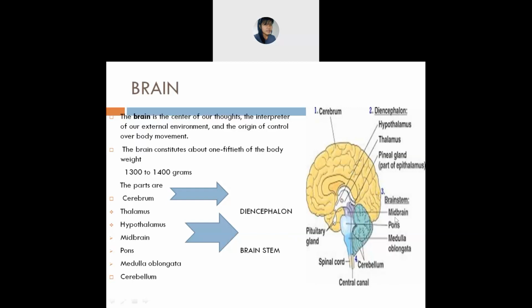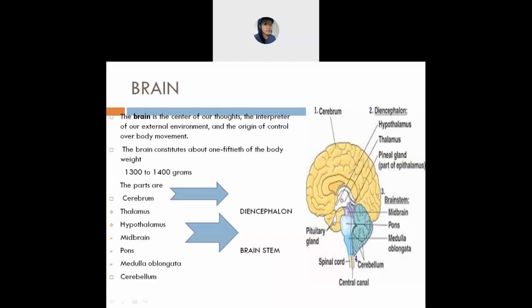The third part is the brainstem. Under the brainstem, you will find the midbrain, pons, and medulla oblongata. In the fourth part, you will find the cerebellum. Don't get confused: the larger part is the cerebrum, and the bottom one is the cerebellum. Is it clear, everyone?